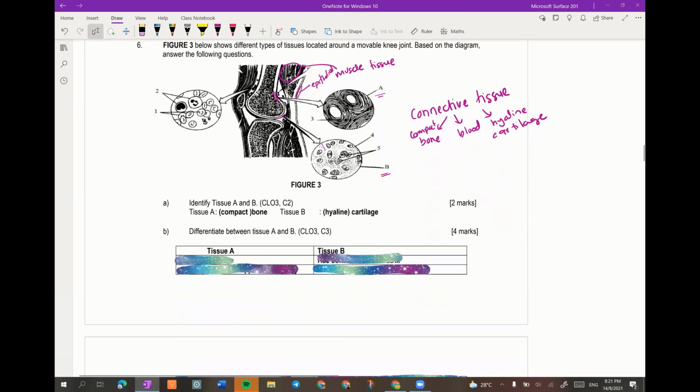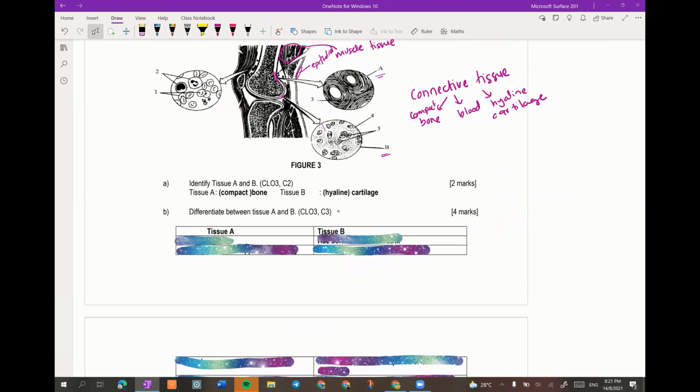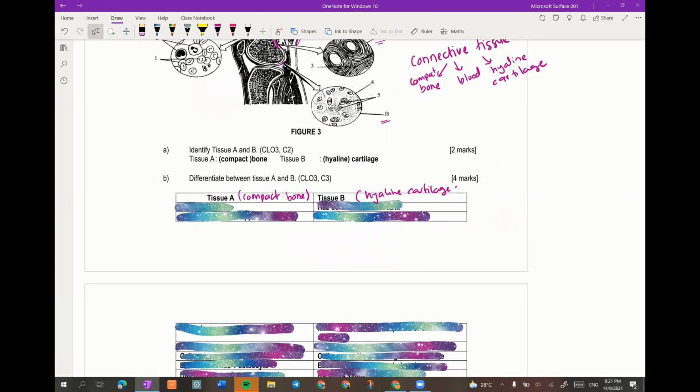Now dia minta awak untuk differentiate antara tissue A and tissue B, which means kita nak kena differentiate antara, let's just tulis dekat sini, compact bone untuk senang kita ingat. Dan sini adalah hyaline cartilage. Ini adalah cuma panduan untuk pemarkahan, tapi dalam awak punya exam, awak tak boleh tulis guna table macam ni, okay?